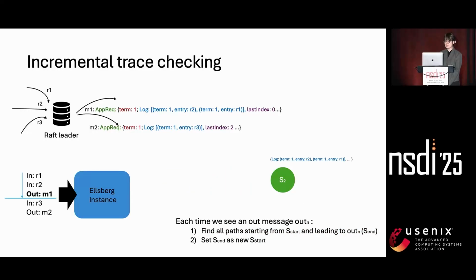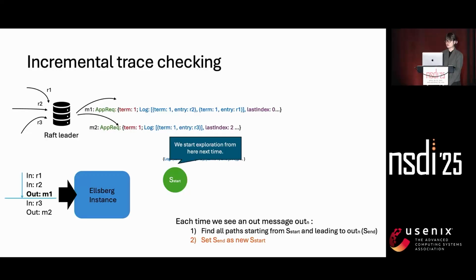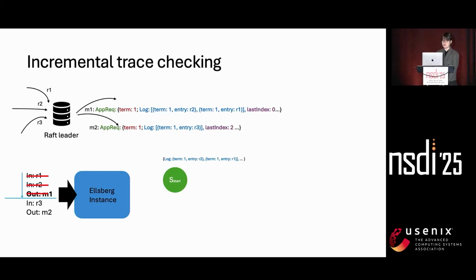We move on to the second step, where the S2 will be set as the starting state for the next round of exploration. And moreover, we have to remove the input messages used in this round, namely R1 and R2, from the available transitions for the next round. After completing all these steps, the search for the message M1 in this round finishes.